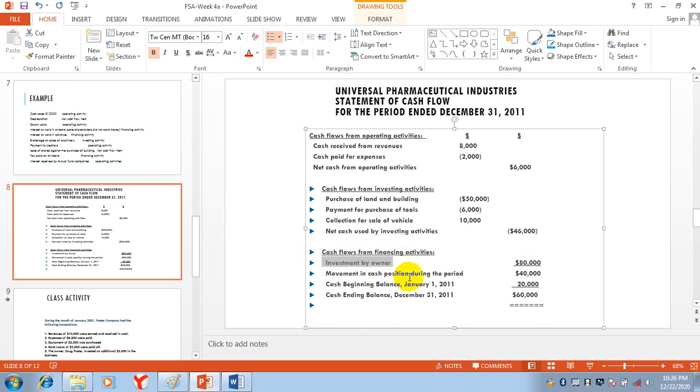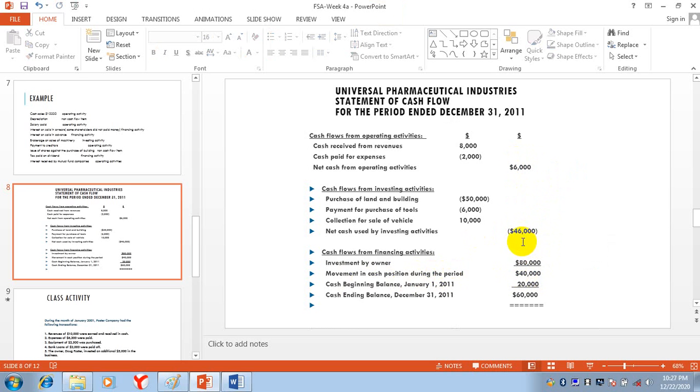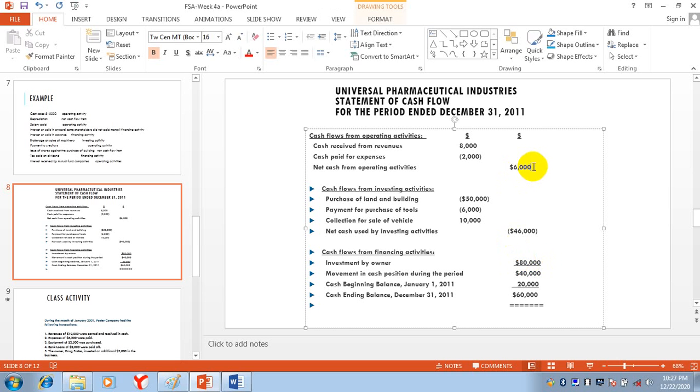So movement in cash position during the period: see three items. The first and third are plus items, 6,000 plus 80,000 is 86,000, minus the negative cash flow in investing activities, 46,000. So we got 40,000.